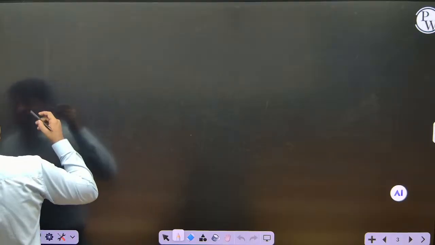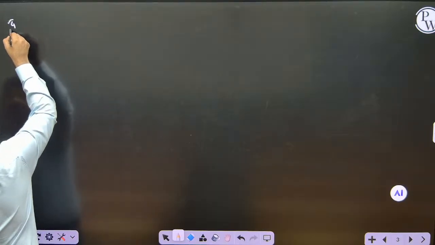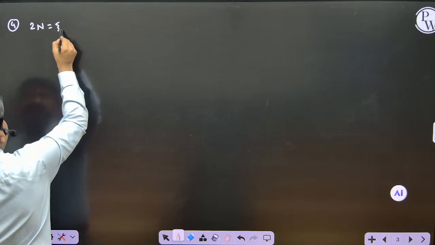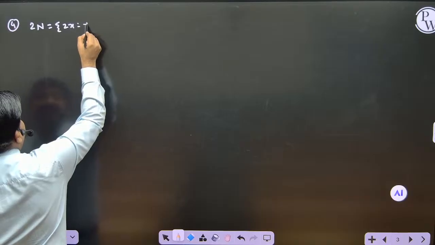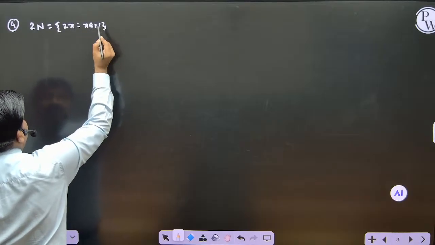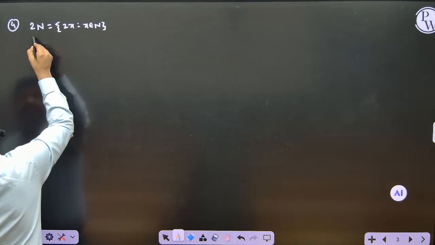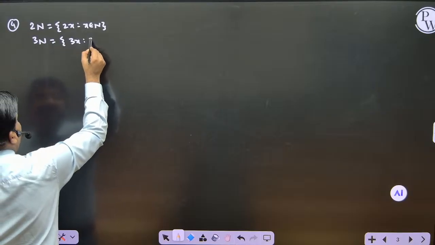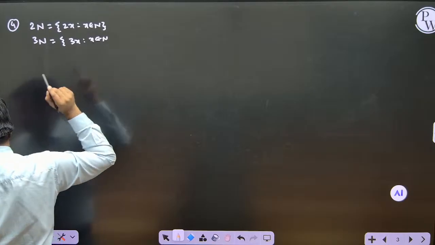Now see, the fourth question is: 2n is used as 2x such that x belongs to natural numbers, and 3n is 3x, x belongs to natural numbers.